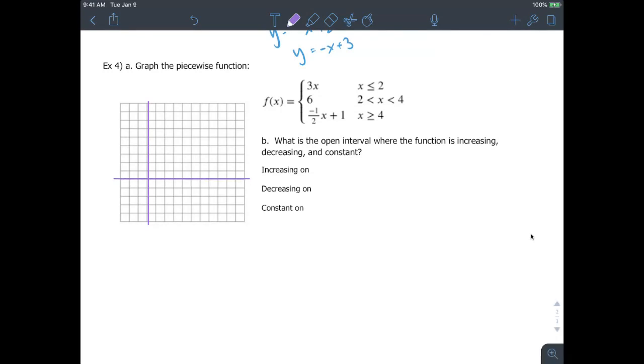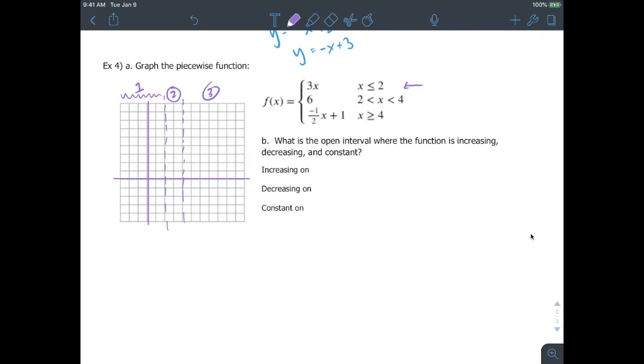So I can see where the first function is x is less than 2. So the first function is only going to exist on this area. The next part is that x is from 2 to 4. So right here, this is going to be function number 2. And the last function is going to be onward from 4.